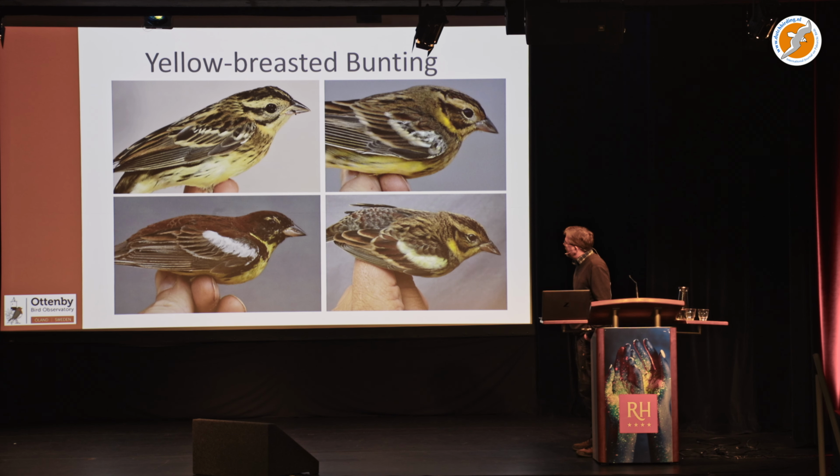So, as a general rule for the Emberiza buntings, the juvenile plumage is rather easy to identify because they have a specific pattern to the median coverts. You see that they have a very distinct black centre that has the shape of a very narrow tooth on the feather.